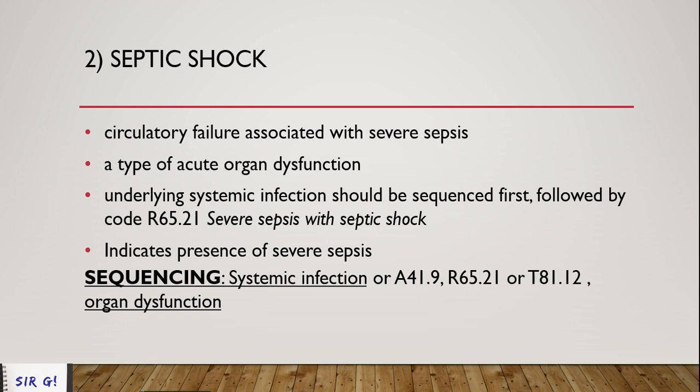Because most of the time, if you already have a septic shock, this may cause multiple organ failure already. So, okay? So, systemic infection or A41.9 first, followed by R65.21 or T81.12 rather, which is your post-procedural septic shock.